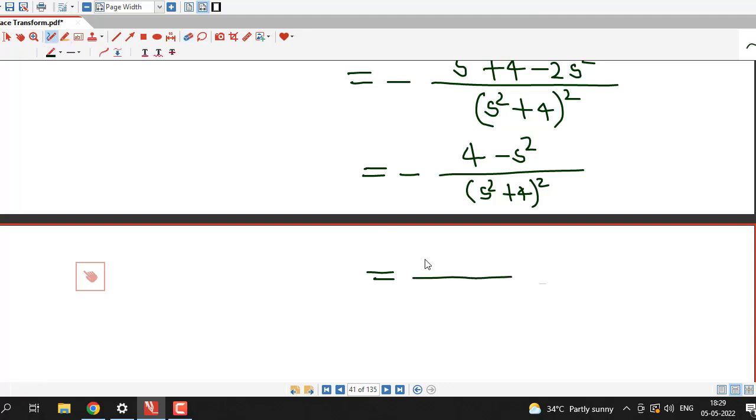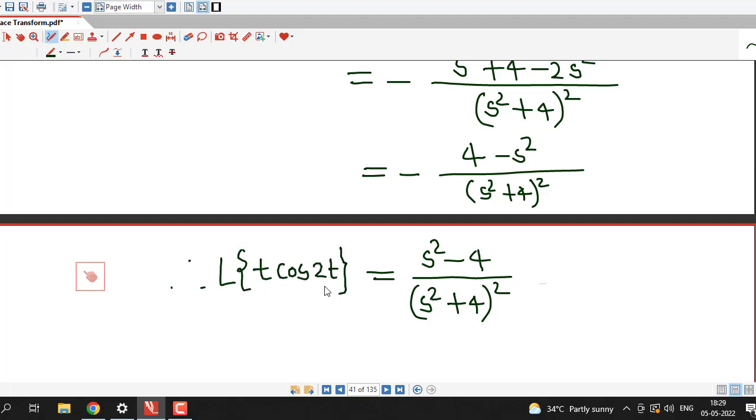So finally we obtain this as s square minus 4 divided by s square plus 4 whole square, and this is Laplace transform of t times cos 2t.